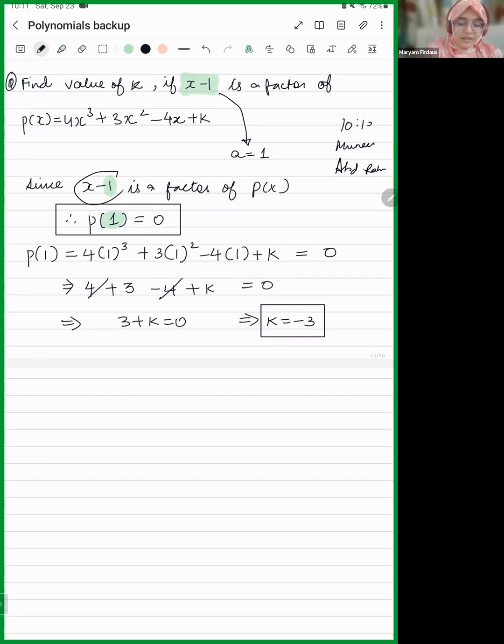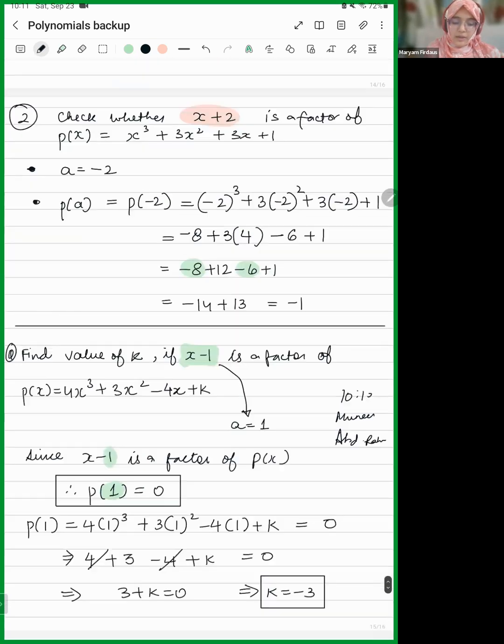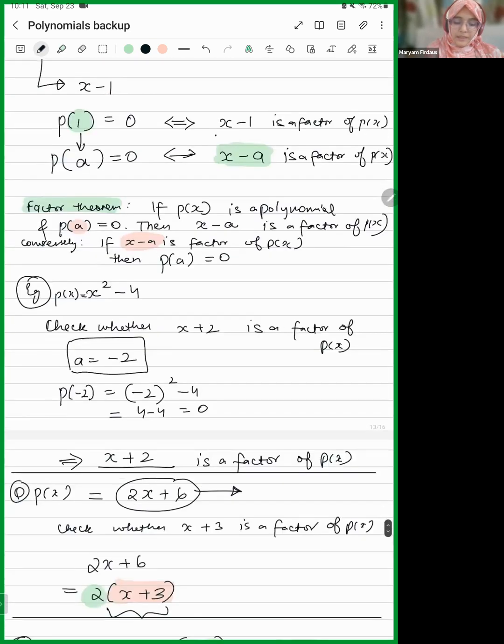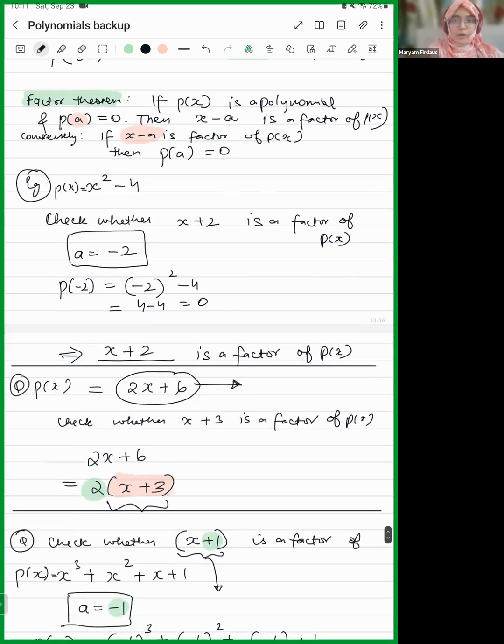X minus 1 is a factor of P of x. So therefore, P of 1 will be 0. This is what the factor theorem says. It says if P of x is a polynomial, look at the converse part. If x minus a is a factor, then P of a is 0.